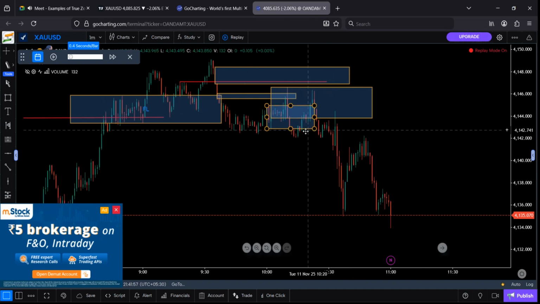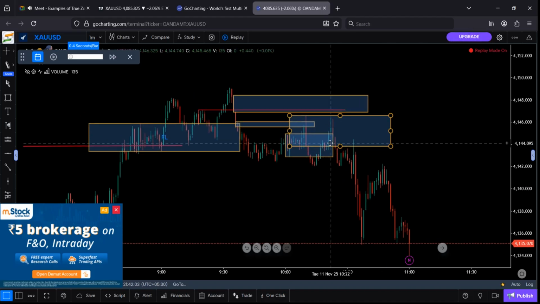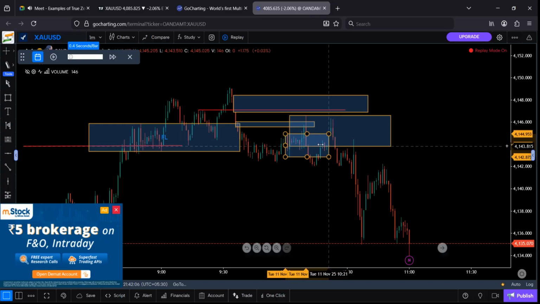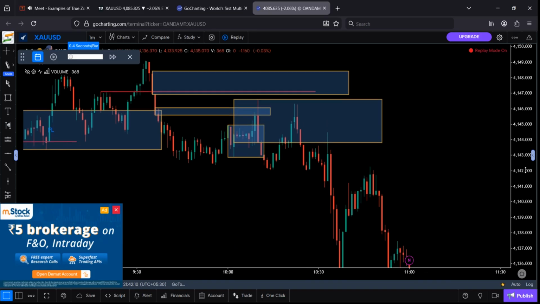But here is the problem, we don't have minimum target. Our minimum target will be what? This OR. So as per risk reward, this OR will be our minimum target.